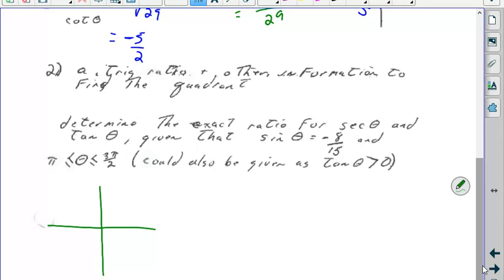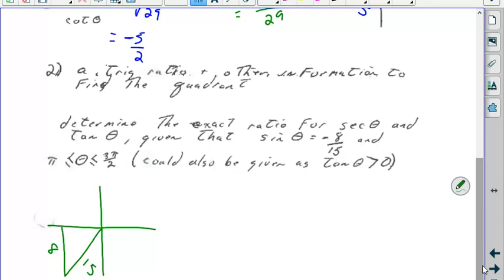Well, that was quadrant 3. So I'm going to again deal with my triangle. From sine, ignore the negative 8. I'm just going to use the 8. The 8 is the opposite. There's my angle. That guy is going to be opposite. 15 is your hypotenuse.